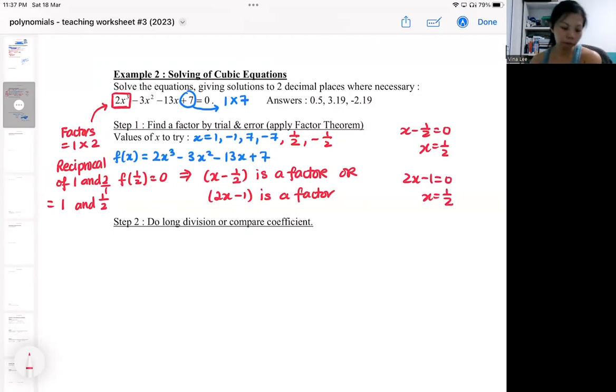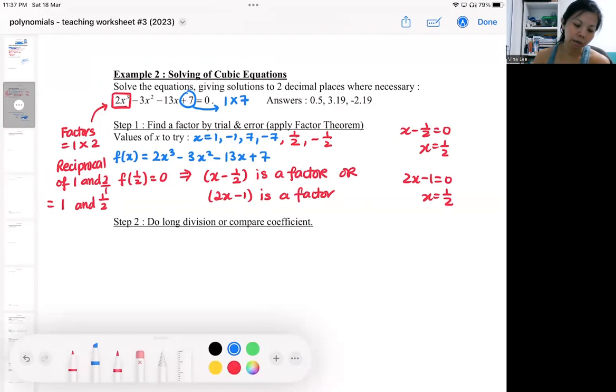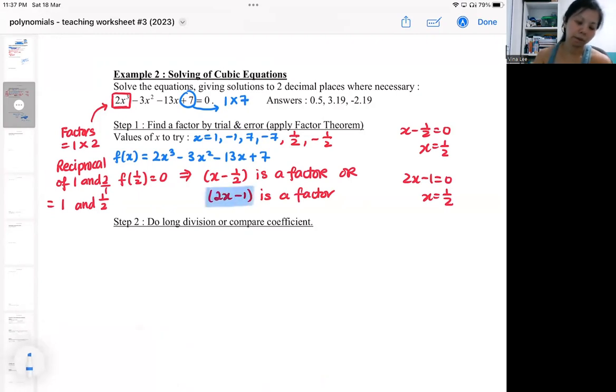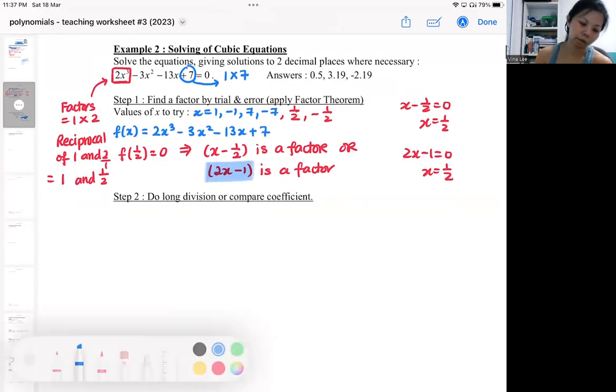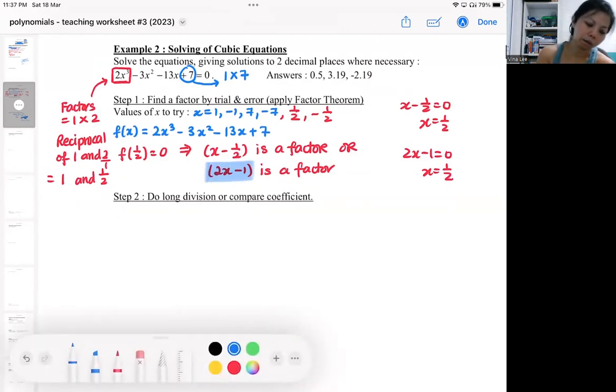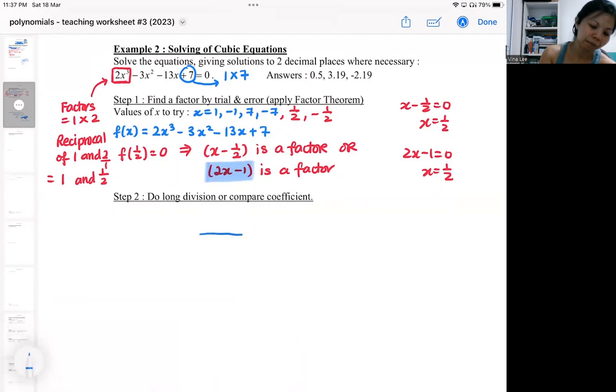But which one will I choose? I will choose 2x minus 1, because in my next step I'm going to do a long division, and I don't want to do a long division with a fraction like x minus half. I would rather do a long division with whole numbers. So I will choose 2x minus 1 as the factor to do the long division.